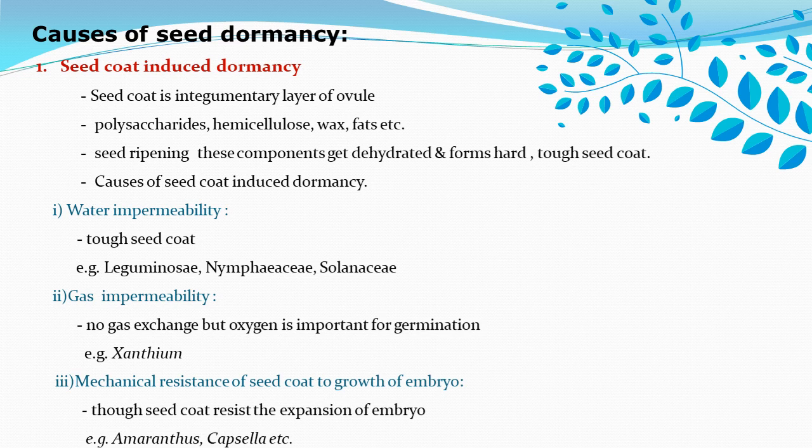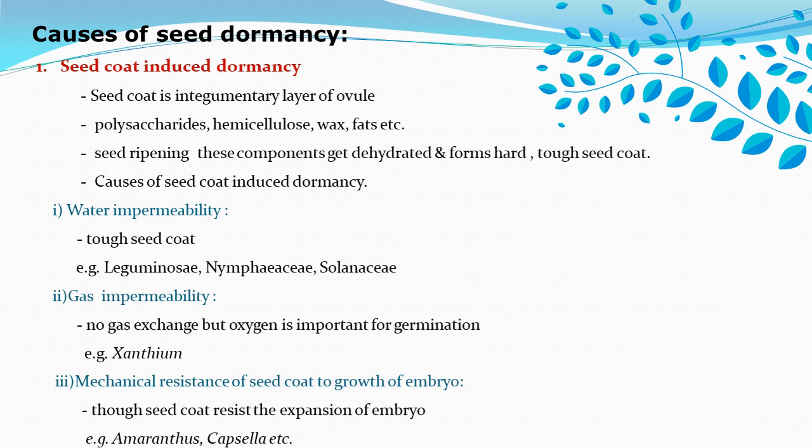And at the time of seed ripening, these components get dehydrated and form a hard and tough seed coat. And the presence of this tough seed coat is one of the important reasons for seed dormancy.